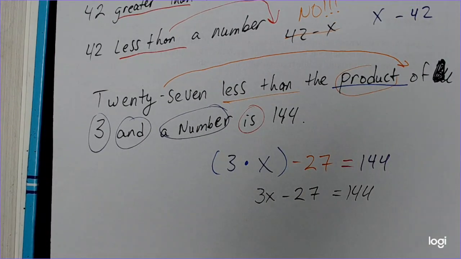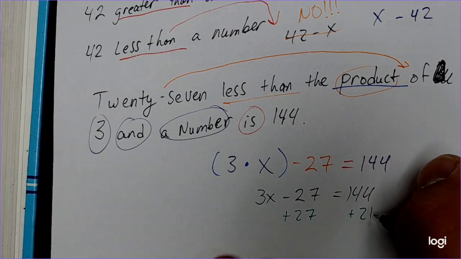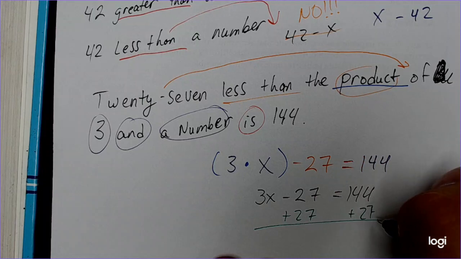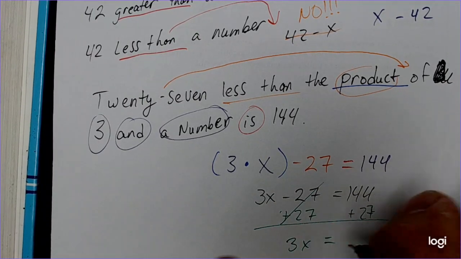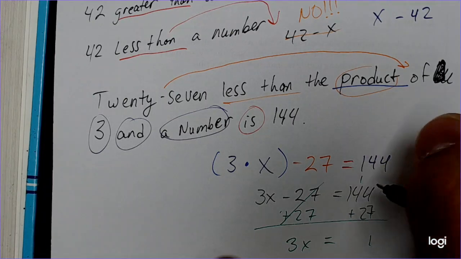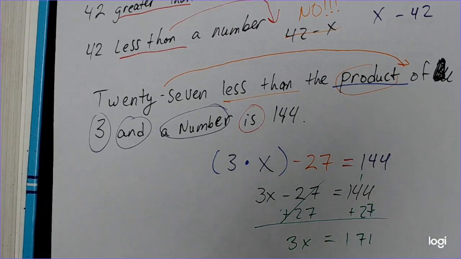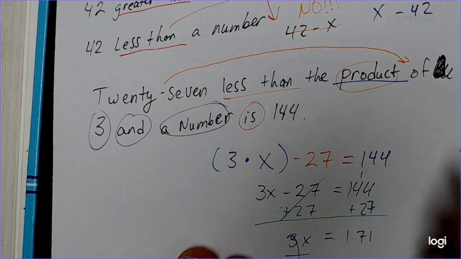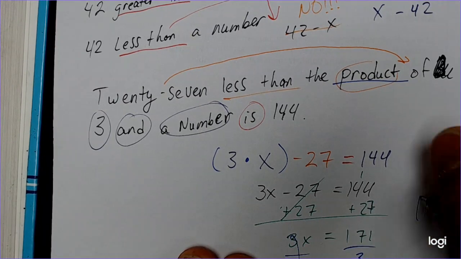Now I go to my rules of equations, adding 27 to each side of the equal sign. And I have 3x equals 171. Now I'll divide each side by 3. That cancels. 171 divided by 3.